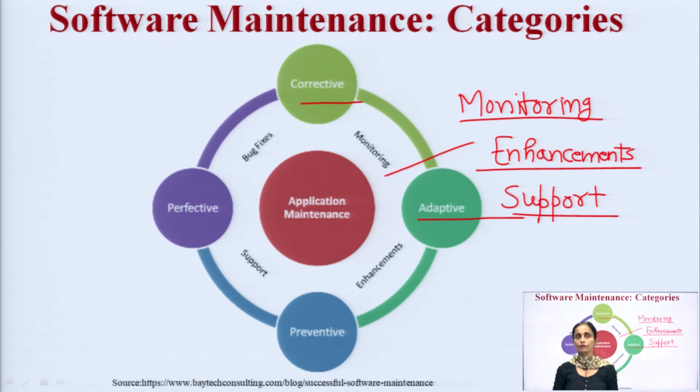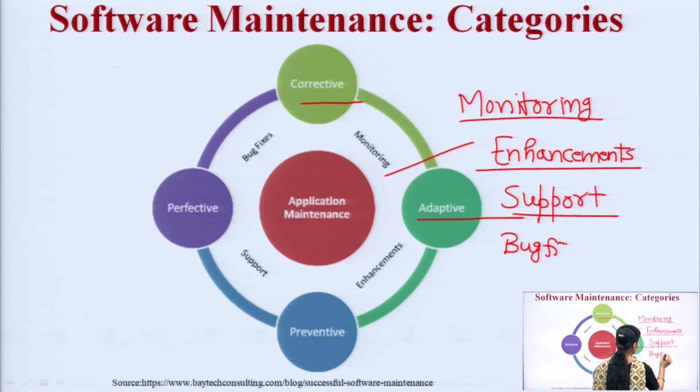Then the last one is my perfective. Perfective says bug fixing. So, I started with the bug fixing. Once all the bugs are fixed, that is known as corrective maintenance. Then I have to monitor them for the future, that is my adaptive.